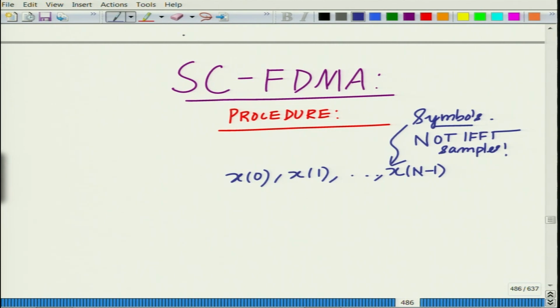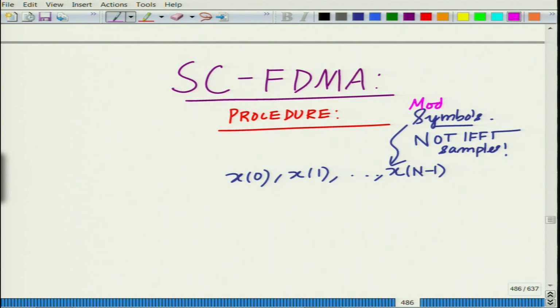I think this is important to remember. In SC-FDMA, you are directly transmitting the modulated information symbols, that is your BPSK or QPSK symbols, not the samples at the output of an IFFT. In fact, there is no IFFT at the transmitter.